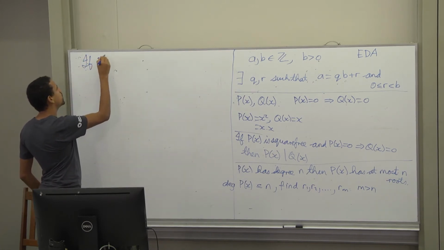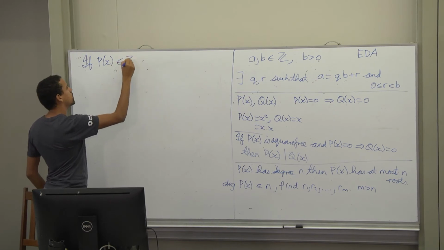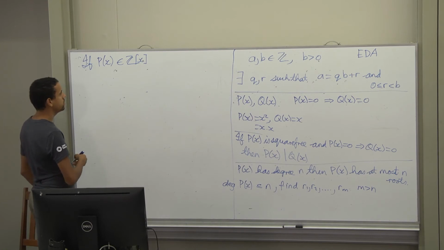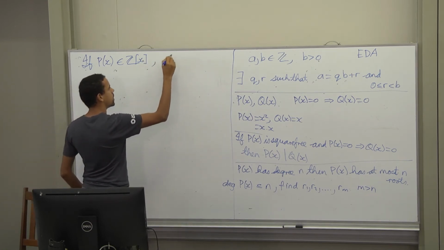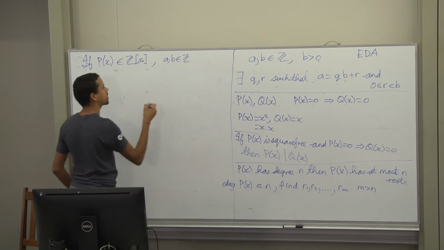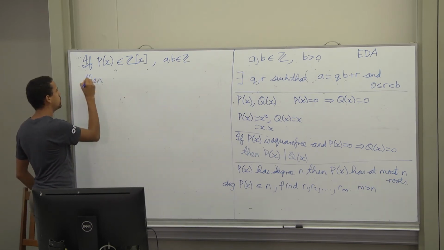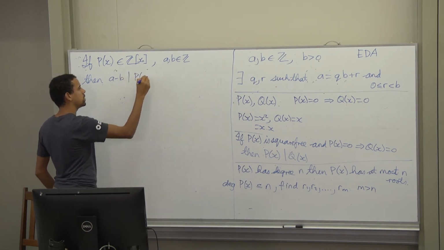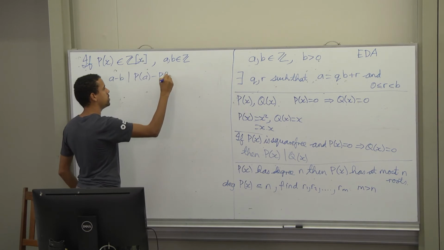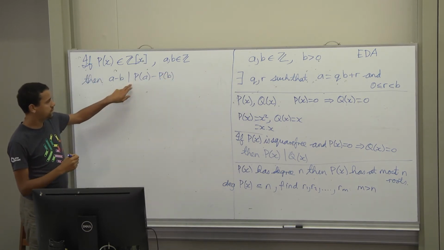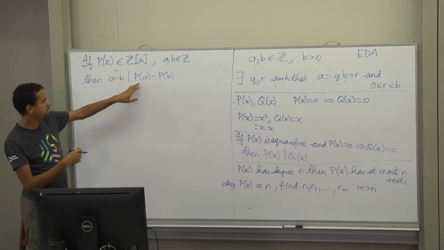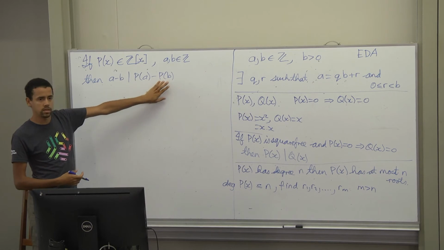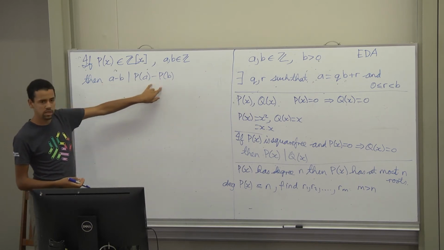If you have a polynomial with integer coefficients and you have two integers a and b, then a minus b divides p of a minus p of b. Here it divides in terms of integers, because p of a is just an integer. You evaluated p at an integer. p of b is another integer.